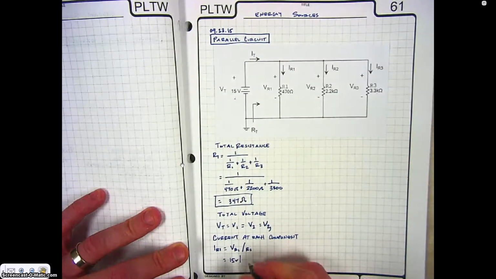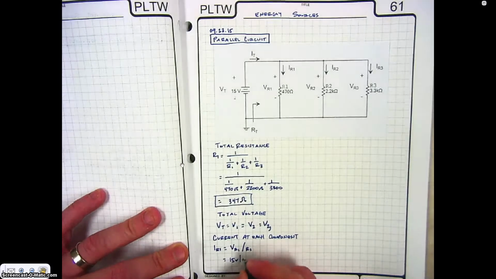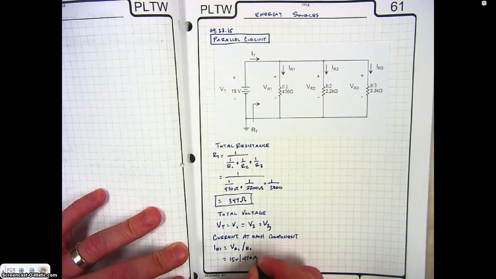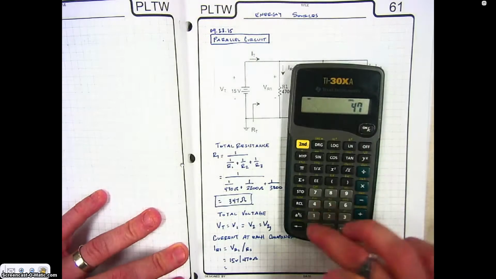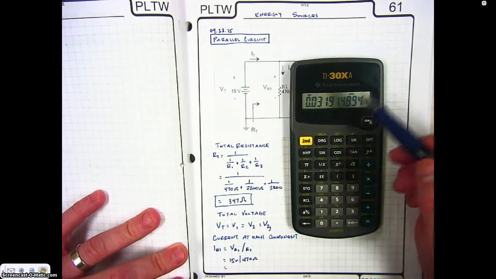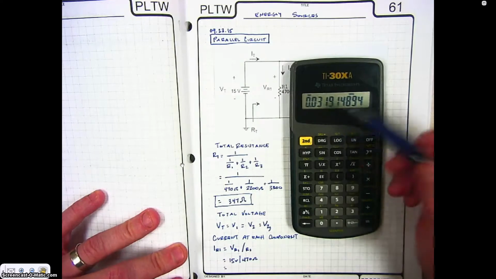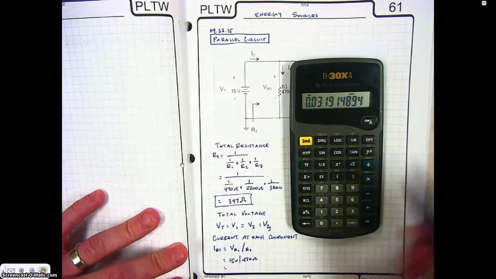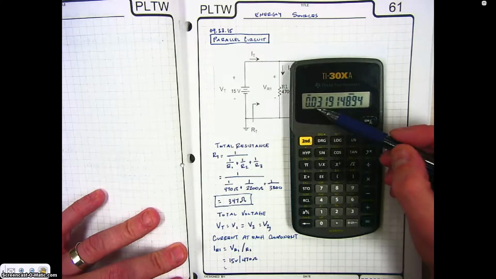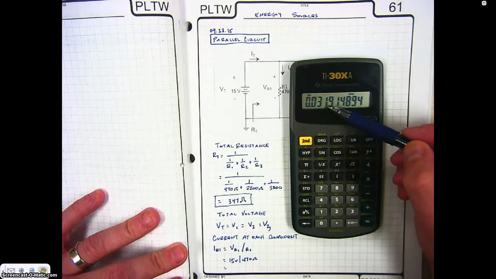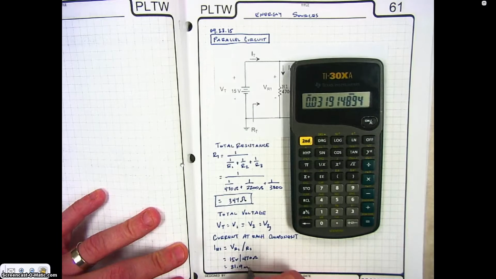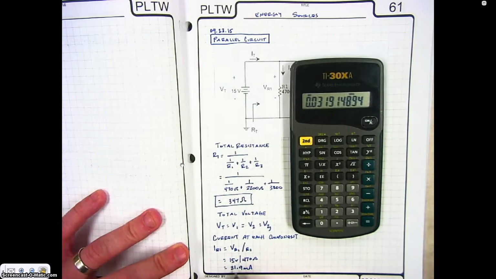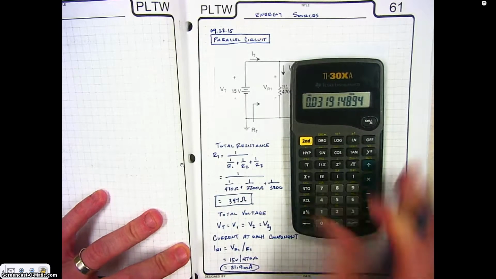The resistance at 1 was 470 ohms. 15 divided by 470, and we get 0.03. We need to convert this, so I'll move the decimal 3 places to the right, and I get 31.9. Current is measured in amps, so it's 31.9 milliamps.